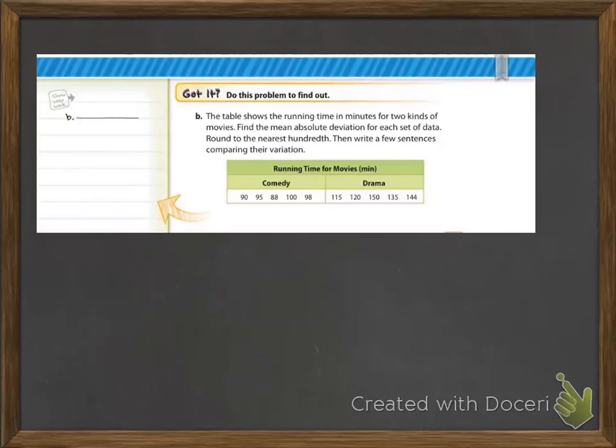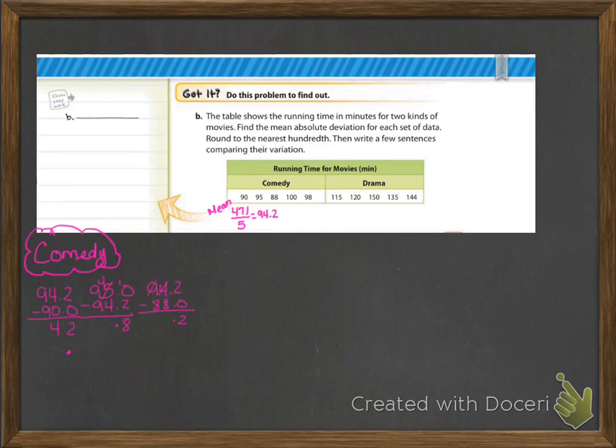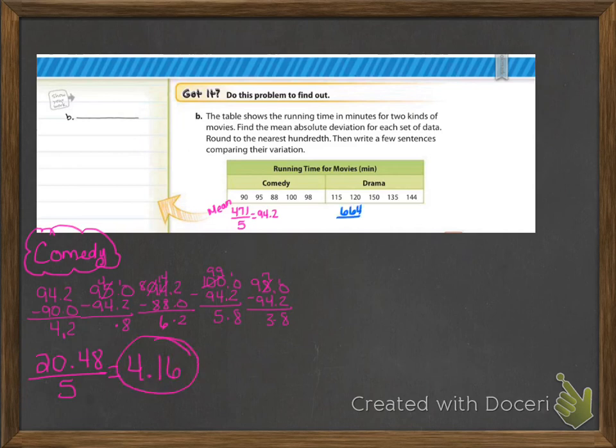Okay, so let's see how we did. I started by finding the mean for the comedies, and I got 94.2. You can see that I did my 94.2 and subtracted the difference between every comedy number. Then I ended up finding the mean absolute deviation to be 4.16 for comedies.